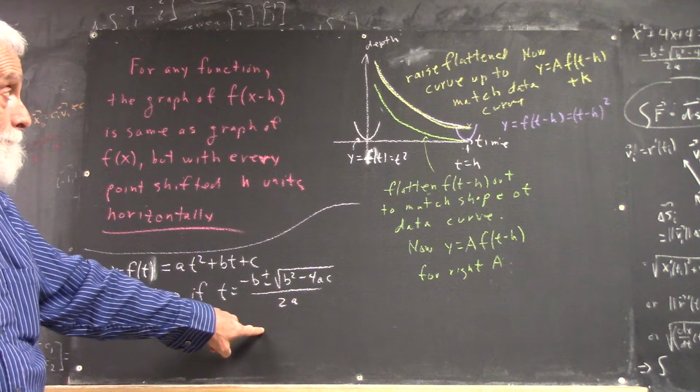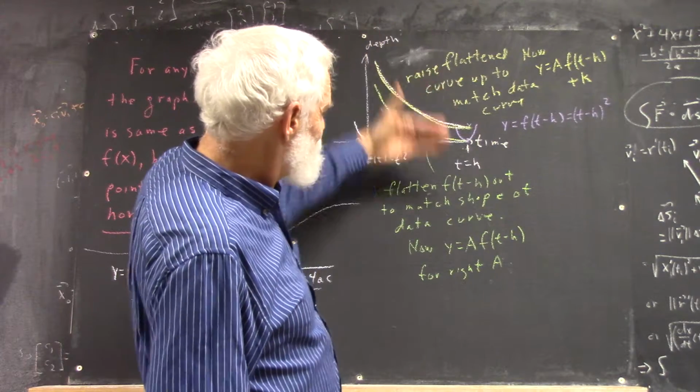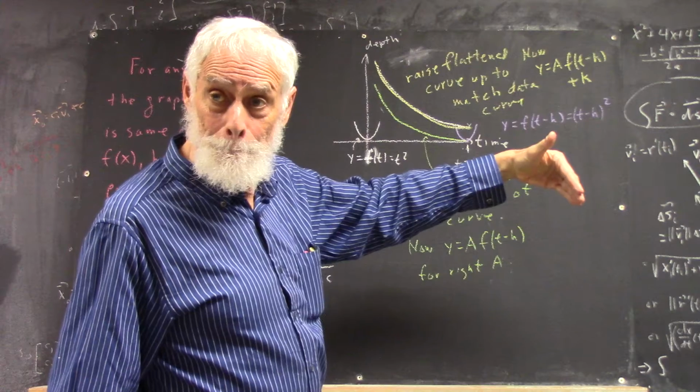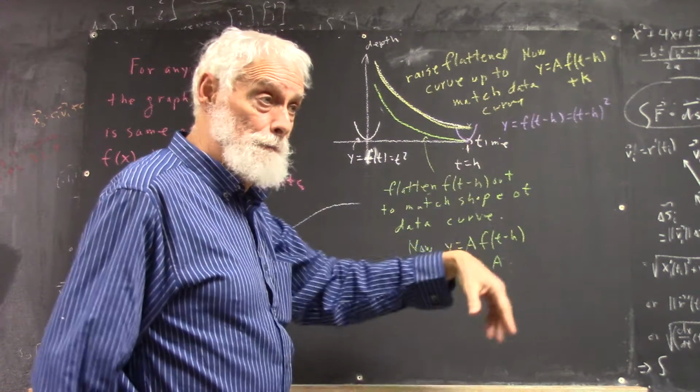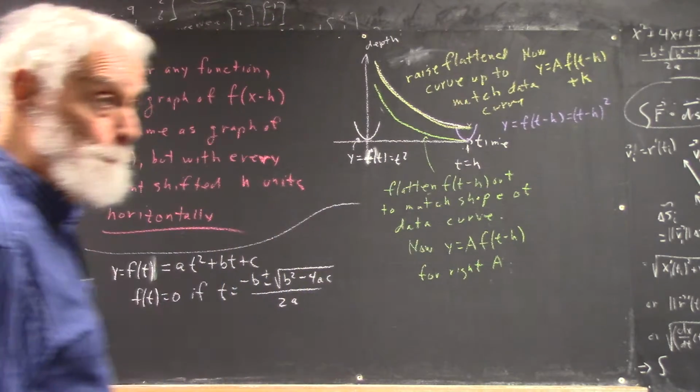Now, of course, if your curve is here, your y value is never 0, right? But in general, it could be. Like if you lower this curve, then it's going to have some zeros, okay?